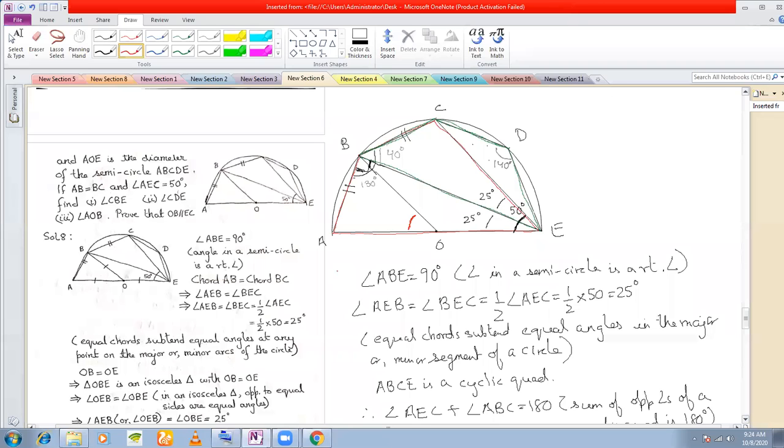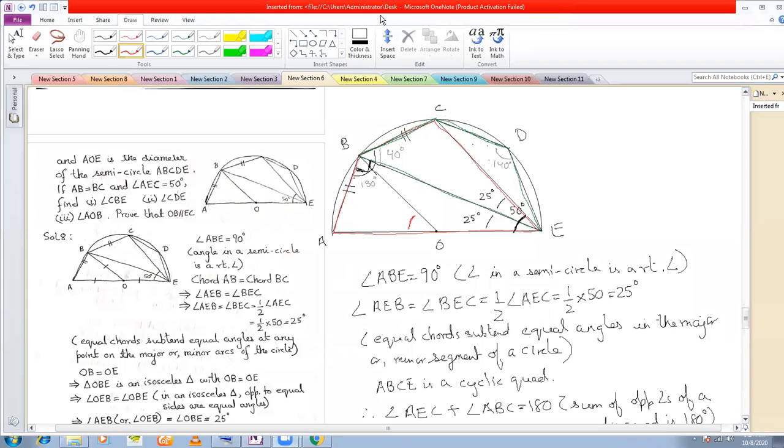Vivek, can you tell me what should be AOB? This red angle that I have marked, what should be the measure of angle AOB? So it will be 180 minus 130. Why 180 minus 130? Sir, 180 minus 140. Why 180 minus 140?